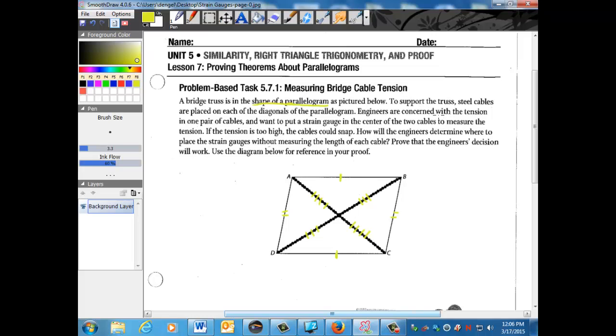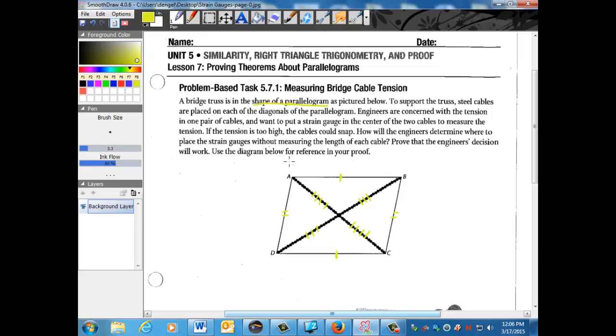To support the truss, steel cables are placed on each of the diagonals of the parallelogram. So in a sense, these diagonals are now steel cables.